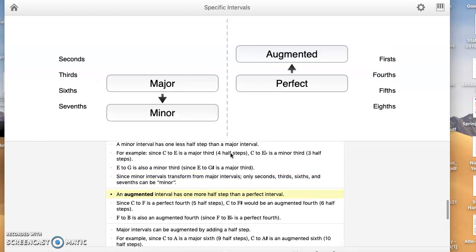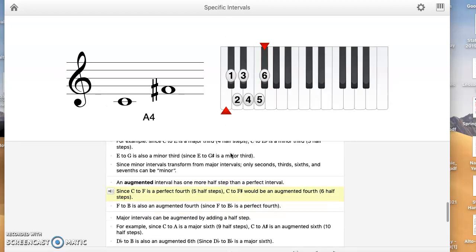Okay? An augmented interval has one more half step than a perfect interval. Since C to F is a perfect fourth, C to F sharp would be an augmented fourth. And that is one of the weirdest and most jarring intervals.